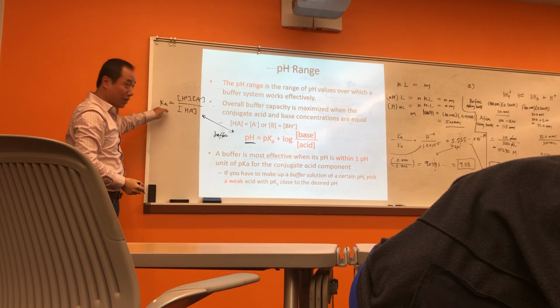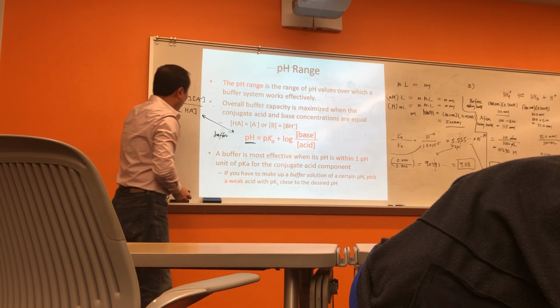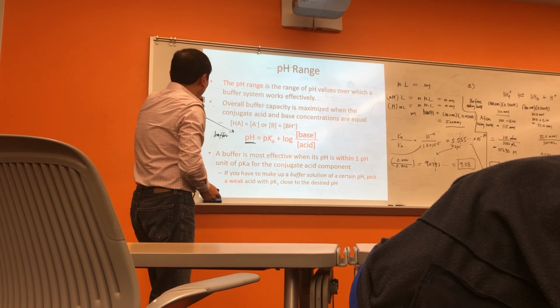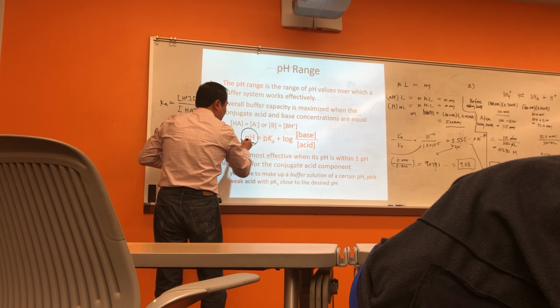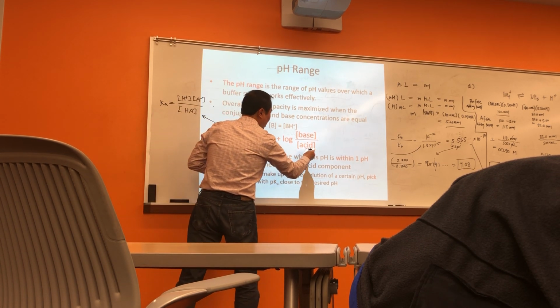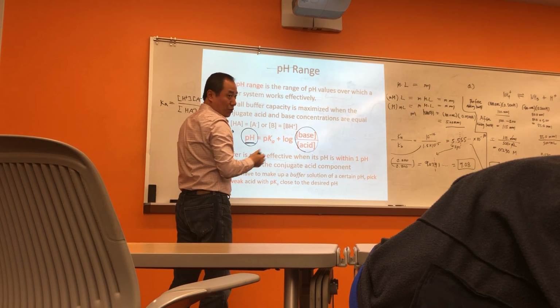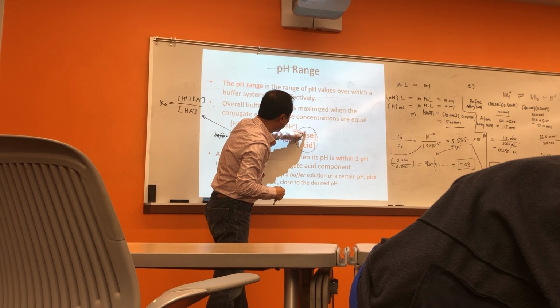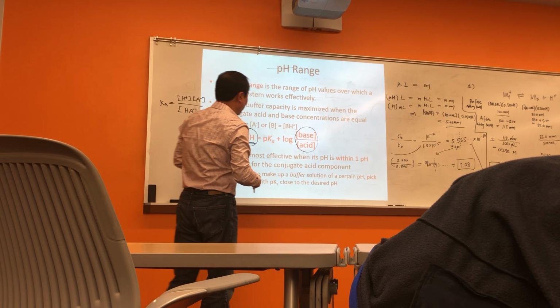That'll be fine. And then we saw the pH will change slowly because the formula has this as a ratio. So when you add acid or base, it will change a little bit of that, but when it comes to the ratio, it's not that much.